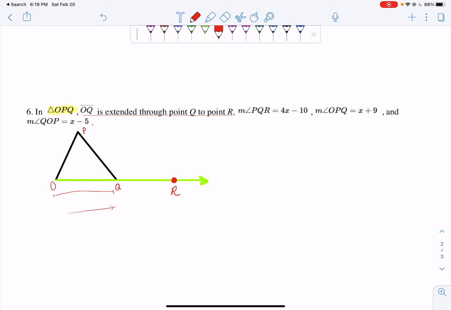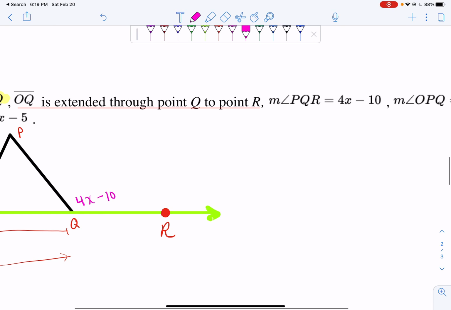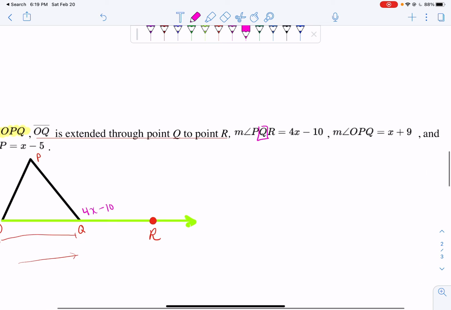The measure of angle PQR is 4x minus 10. I start at P, go to Q, end at R. So my angle is right here. Remember, your angle is always going to occur at that middle letter. Angle PQR occurs at Q. For the measure of angle OPQ, where is my angle going to occur?